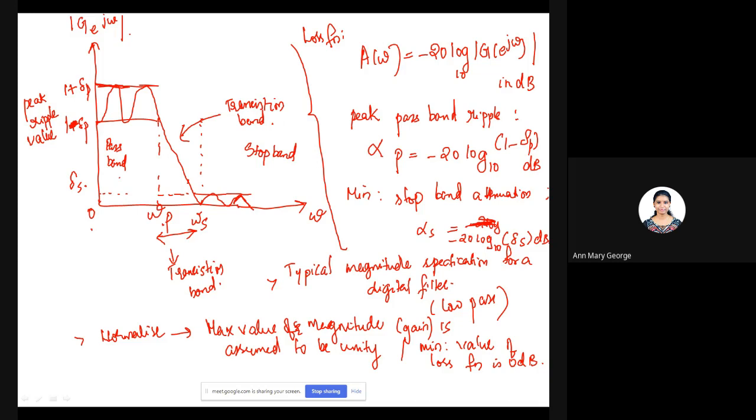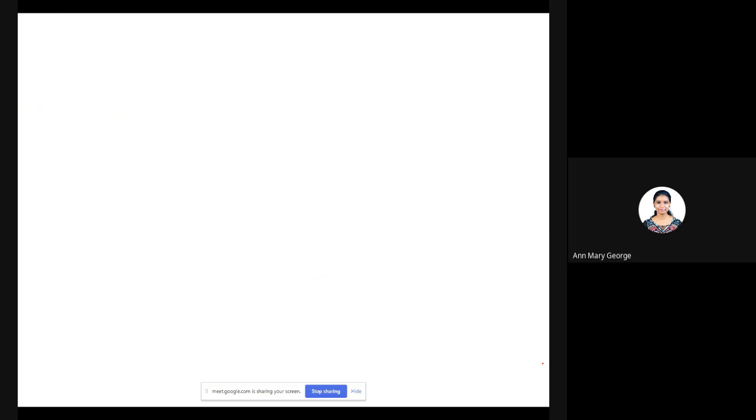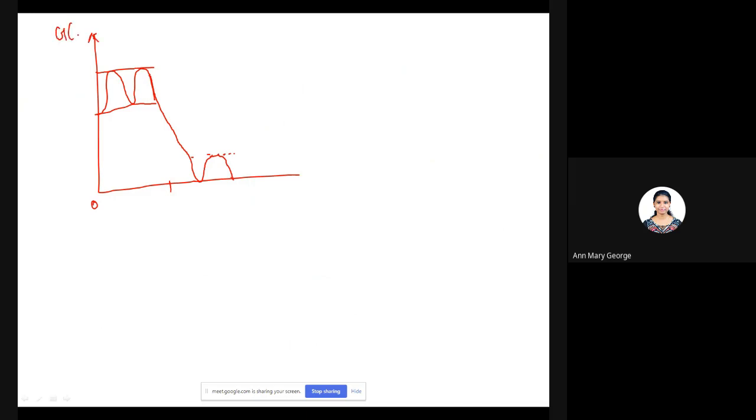Now the figure becomes, by normalizing, this will be gain, and the maximum value is unity.